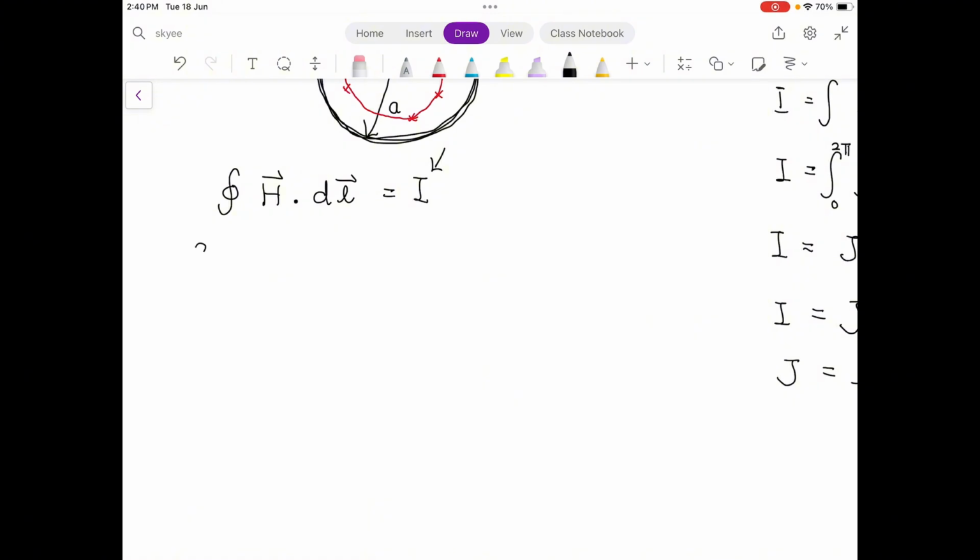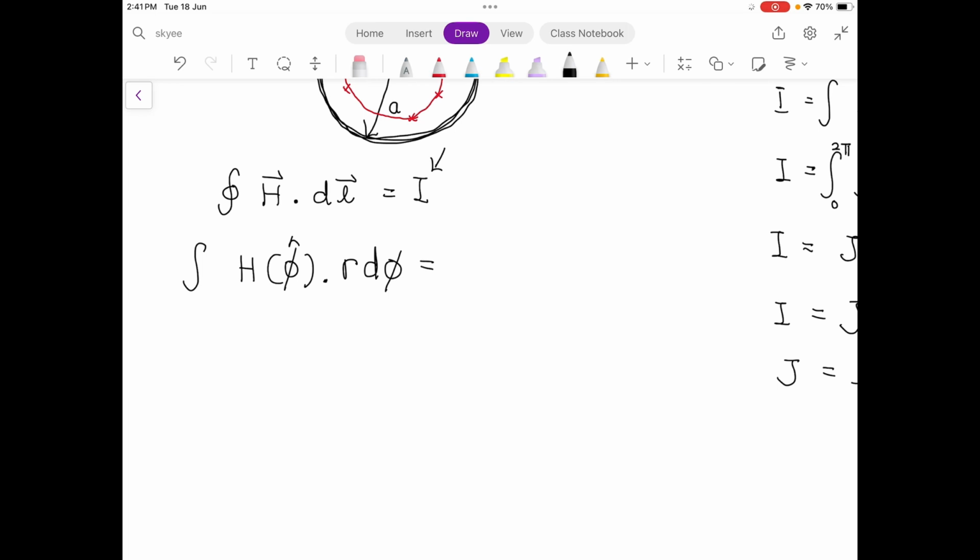For the left-hand side, we integrate H in the phi direction, dot product, using cylindrical coordinates, which becomes r dphi.